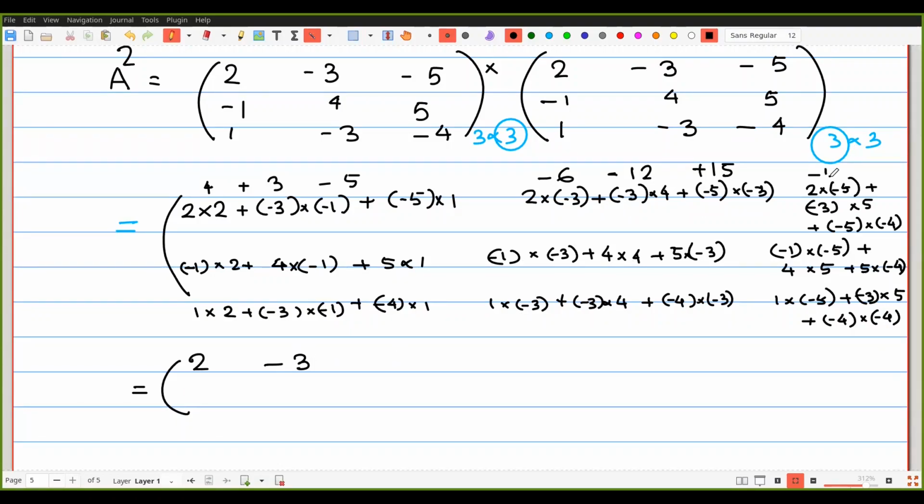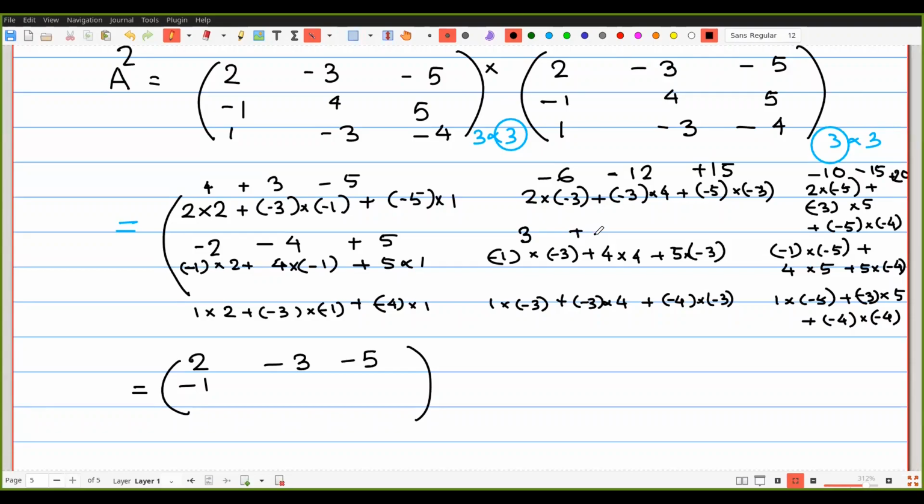Now -10, minus 15, plus 20. Result is -5. Then -2, 4, 5. So -1.